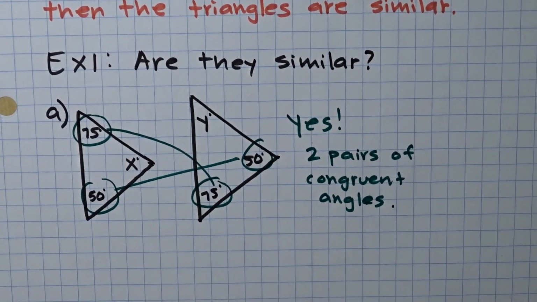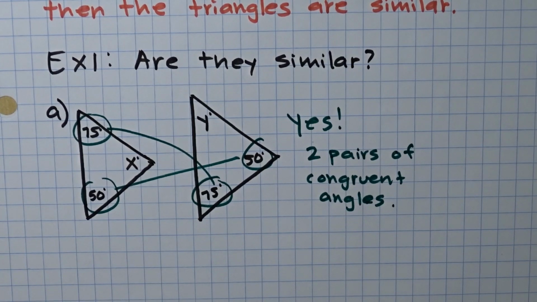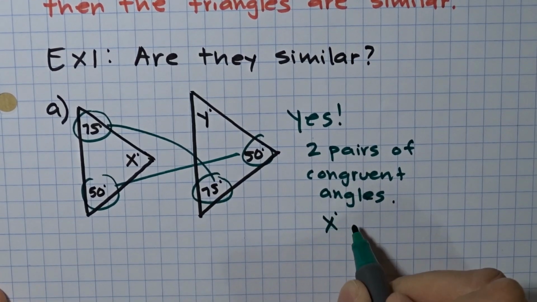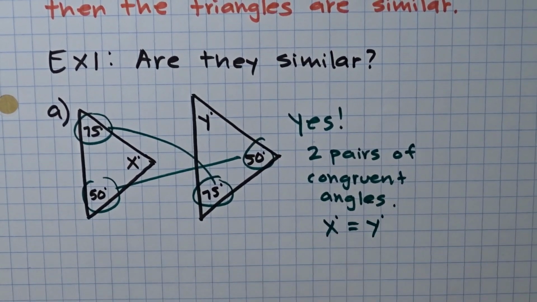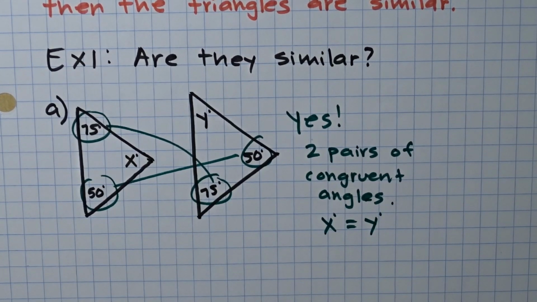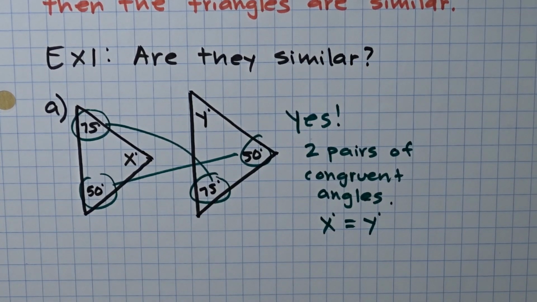Now, we don't need to check the third angle because, again, by default, if you have 2 of them congruent, then the third ones will definitely be congruent. So we actually need to conclude that angle X will indeed be exactly the same measurement as angle Y. There's no need for us to figure that out. We already know that if they add up to 180, we'll indeed get the same number there.